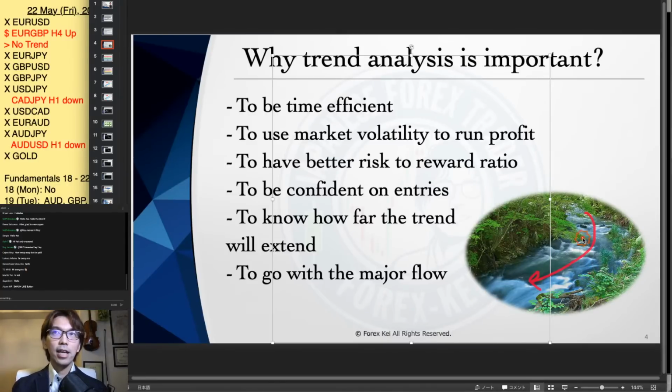But if we can ride on the trend, ride on the flow, then without any power to use, you can basically go towards the profit, and it will take you to the ultimate goal. And that's the idea of the trend follow, and that's why I think trend analysis is very important.